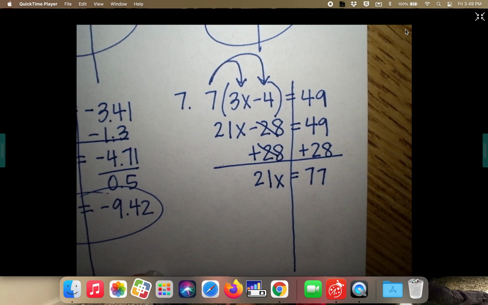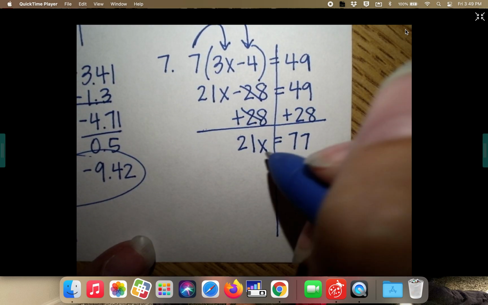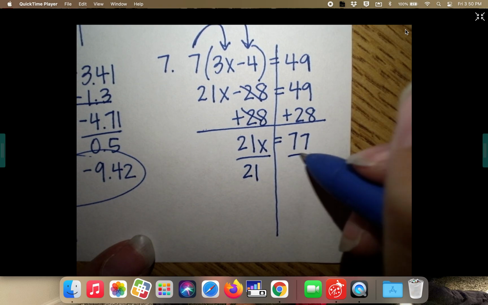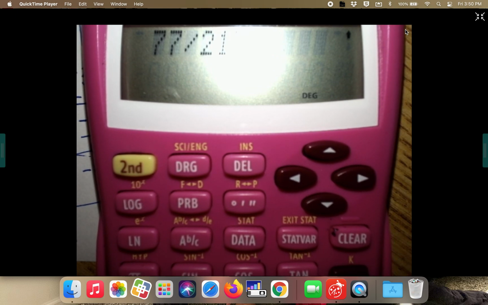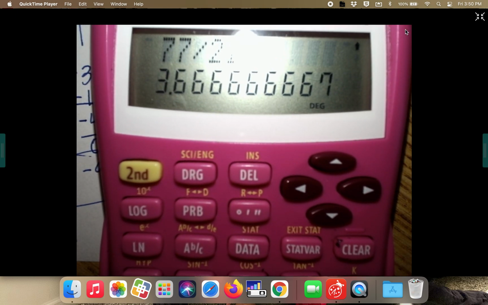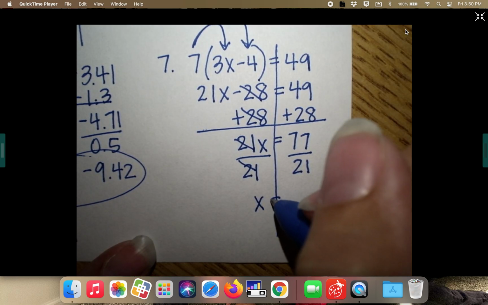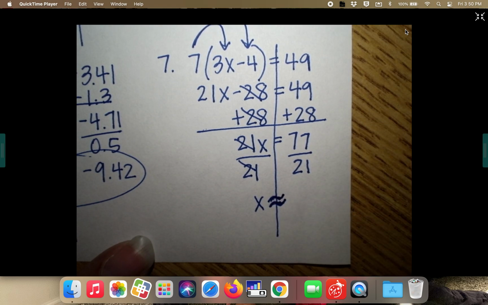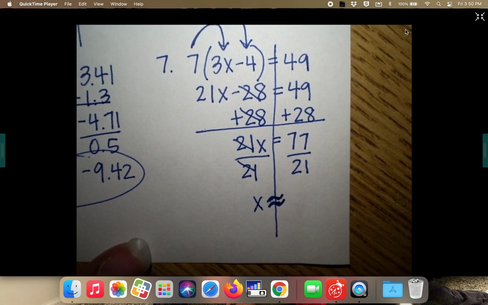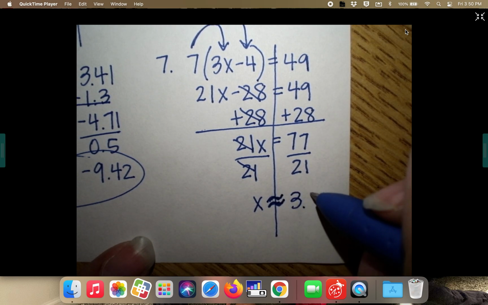All right, and then the very last step, 21 is being multiplied by x, so we are going to divide by 21 on both sides. 77 divided by 21 does not come out evenly, so we're going to round it again. About 3.67. So I'm going to change this to, instead of equals, I'm going to say it's about, because we're rounding it. That fancy squiggly equals just means about 3.67.